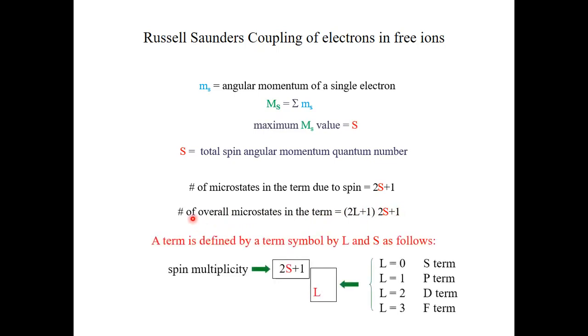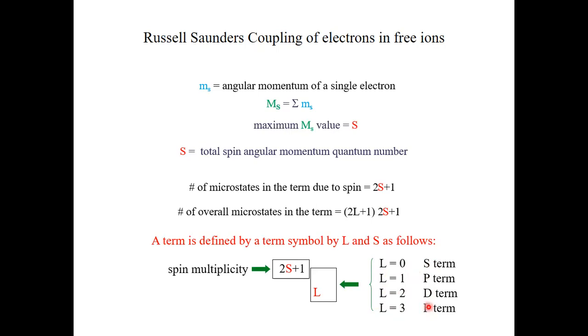All right, so that now defines what is called the term symbol of a particular term. The quantum number L determines the letter associated with the term symbol. So if L is equal to 0, it's called an S term. If L is equal to 1, it's called a P term. If L is equal to 2, it's called a D term. If L is equal to 3, it's called an F term.